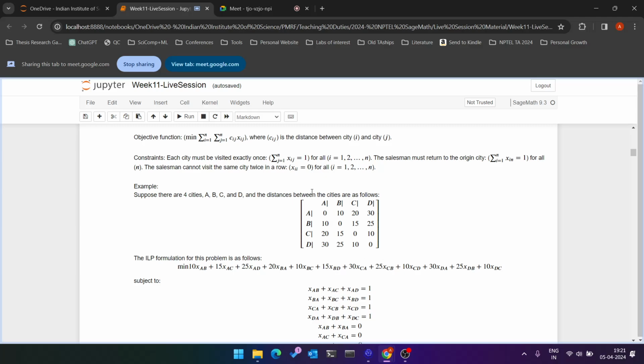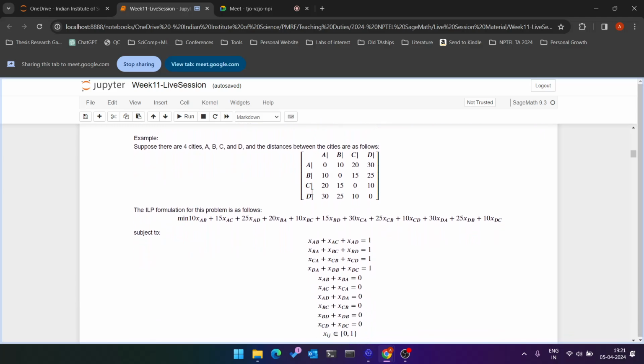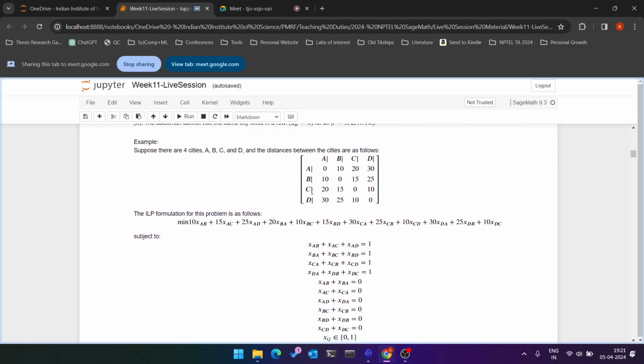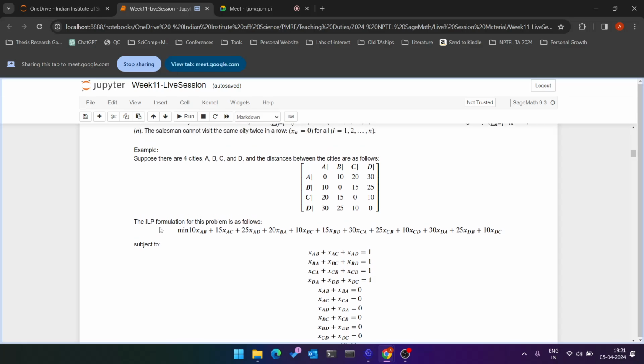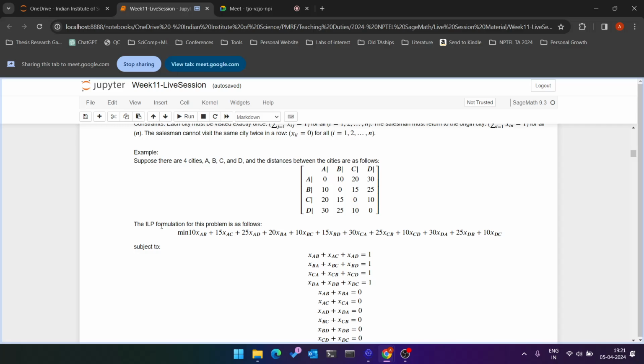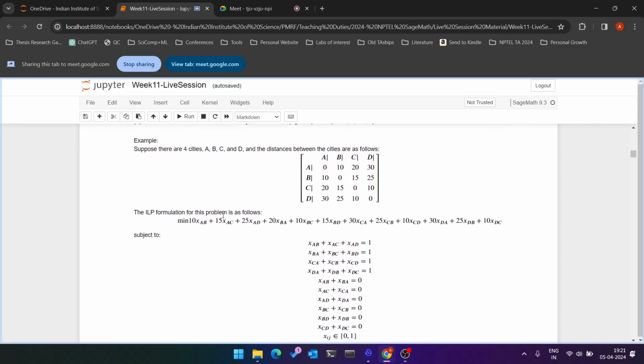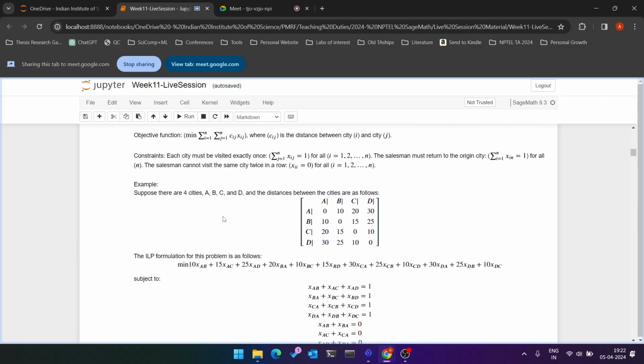All the terms are non-negative. Now, this is basically an integer linear programming problem, wherein if we want to minimize this sum of Cij xij, that would create minimizing 10 times xab plus 20 times xac plus 30 times xad, should be somewhere xda, right?